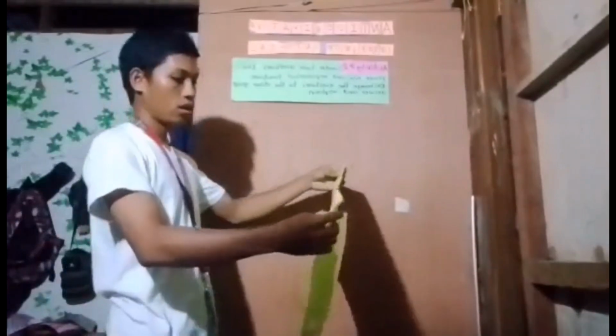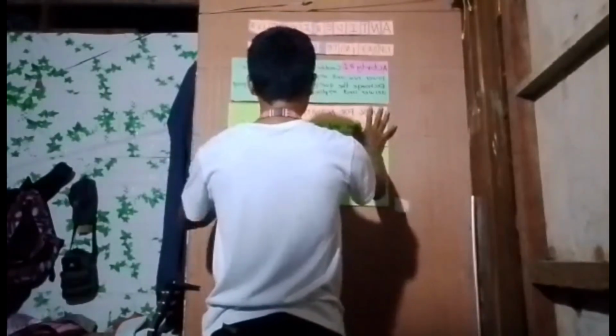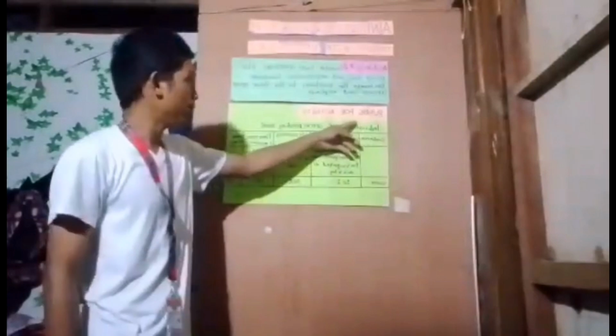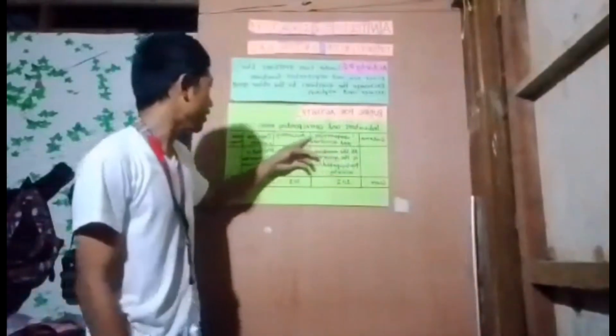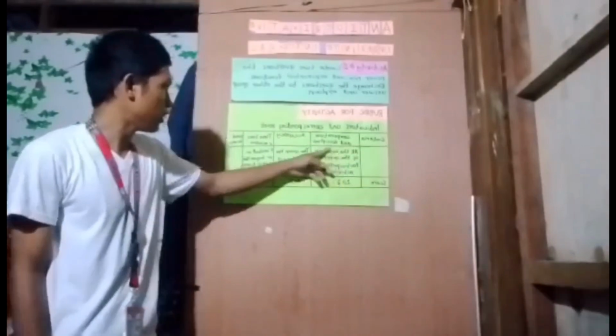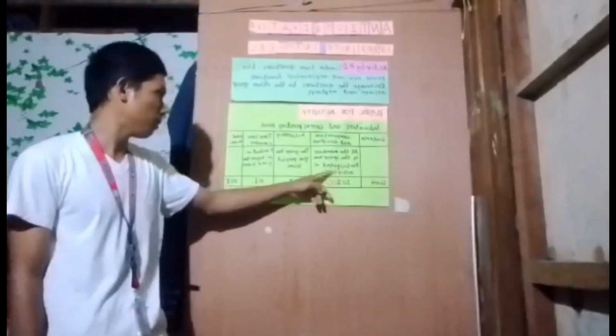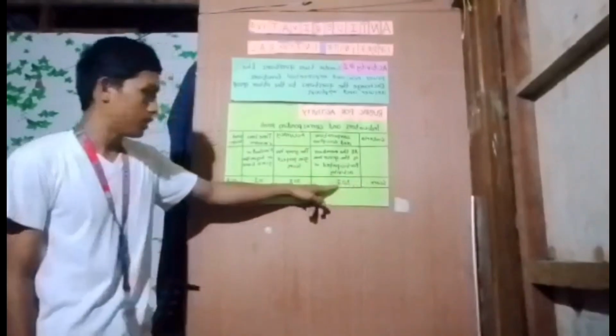For your rubrics for the activity, the indicators and the corresponding points. Criteria: cooperation and discipline. All the members of the group participate in the activity, the score is 10%.